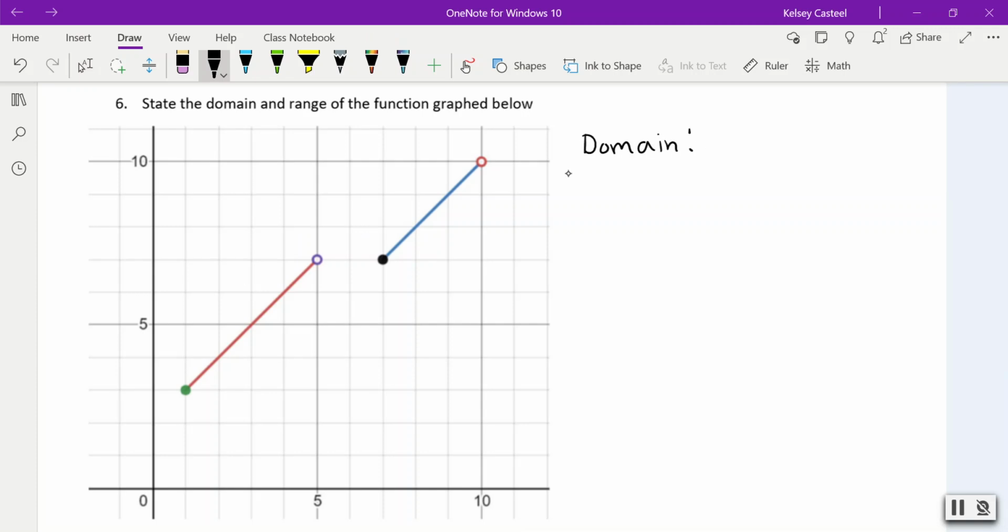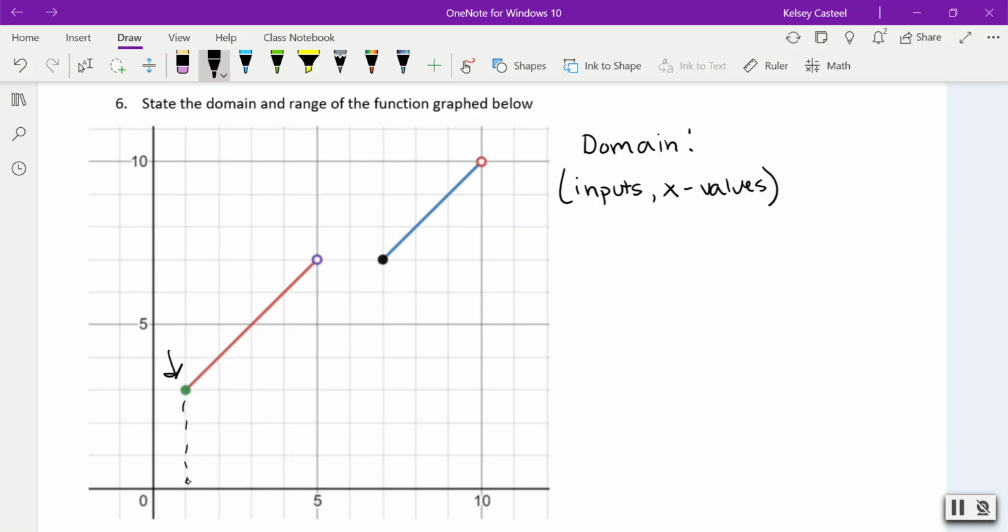When we talk about domain, remember that we're trying to describe all possible inputs, which typically means we are trying to describe the x values. I always like to go left to right, especially because we typically use interval notation. So going from smallest to greatest is how we do that. On the very far left, the farthest point that I have is that green solid point there.